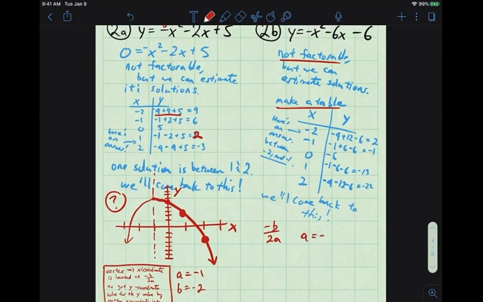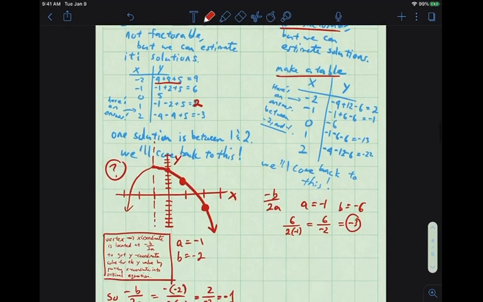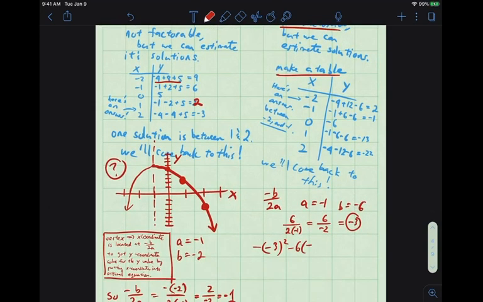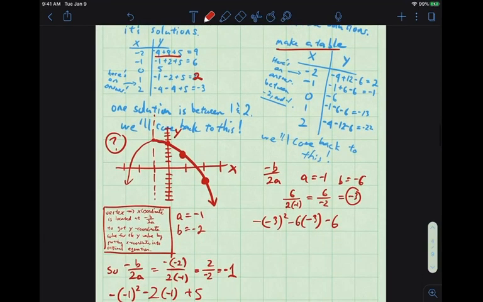A is equal to -1, B is equal to -6, 6 over 2 times -1, -3. So our x-coordinate, -3 squared minus 6 times -3 minus 6, -9 plus 18 minus 6 gives us +3.